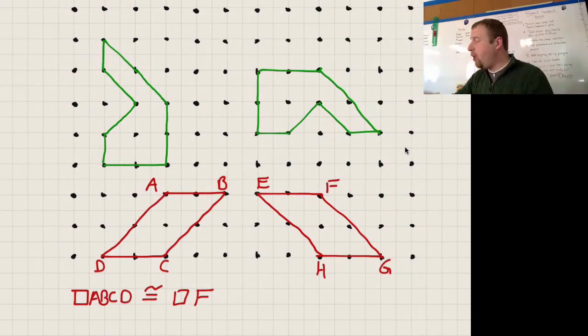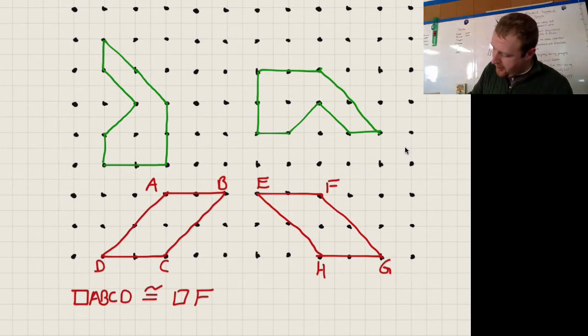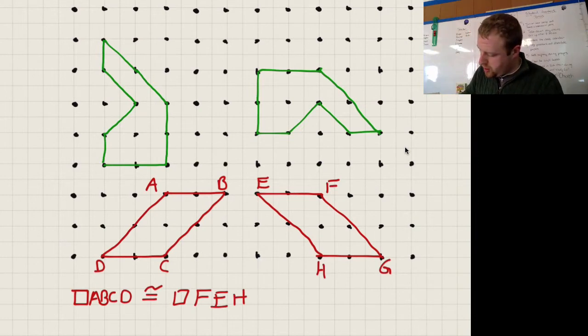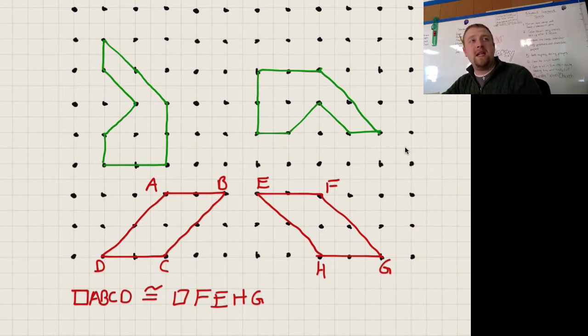Then B. So I go from A to B. B is the same as which one? Yep. So F, E. C is the same one as H. And D is the same as G. So quadrilateral ABCD is congruent to quadrilateral FEHG.